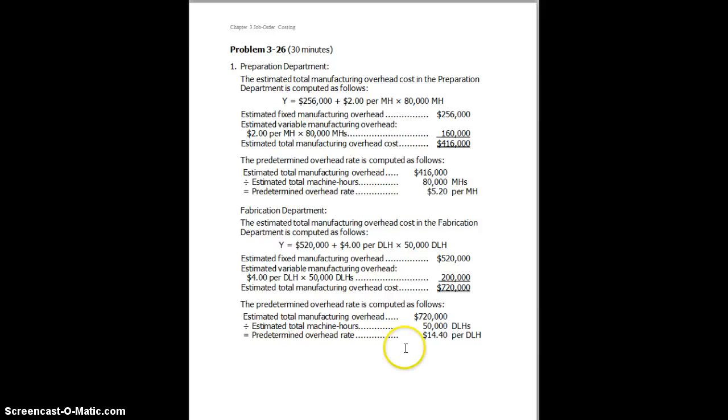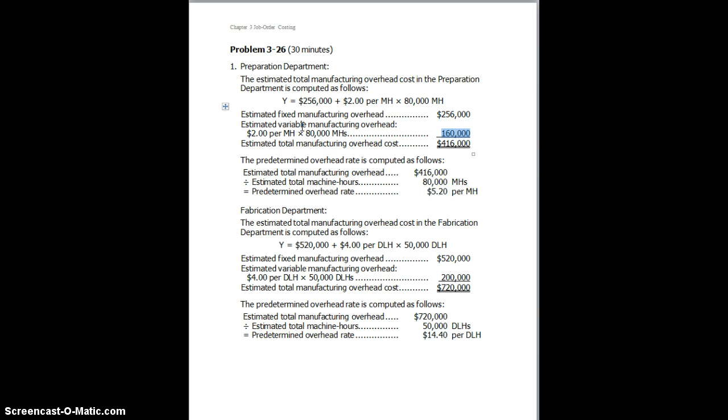Given that, to calculate our predetermined overhead rate, this is done just the same way as we did exercise 3-12. We are not told the total manufacturing overhead cost. We need to take for the preparation department, the fixed manufacturing overhead of $256,000 plus the total variable manufacturing overhead that we expect.